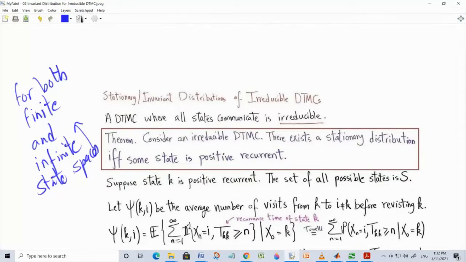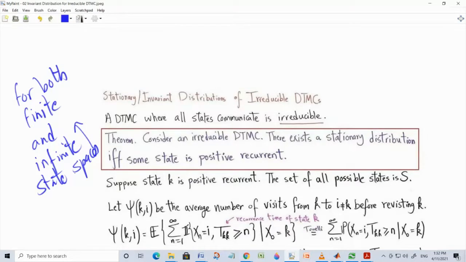So here we are making a statement that is applicable to the case in which the number of states is infinite. But here we need a condition: we need the Markov chain to be irreducible, every state reachable from every other state. The claim is that we have a stationary distribution if we have at least one state that is positive recurrent.